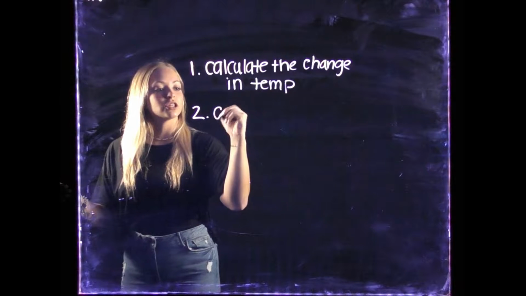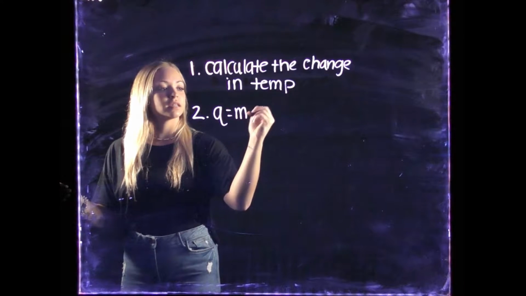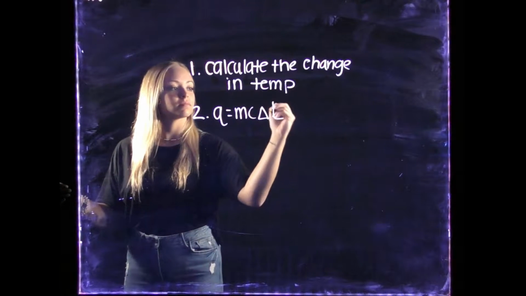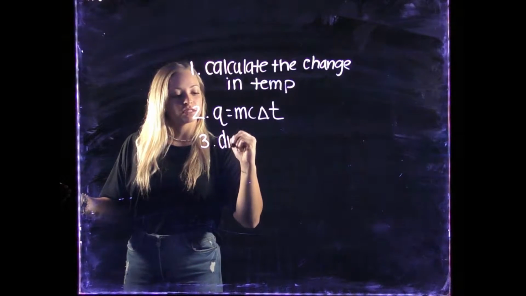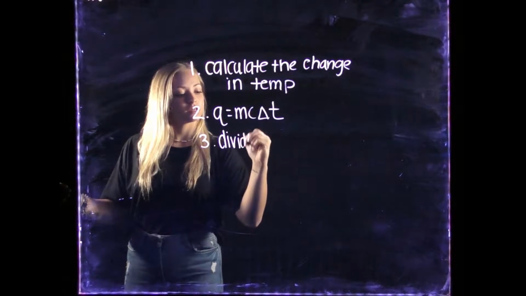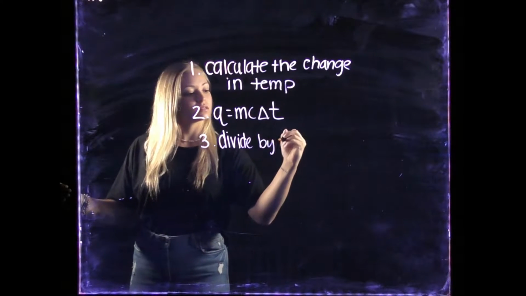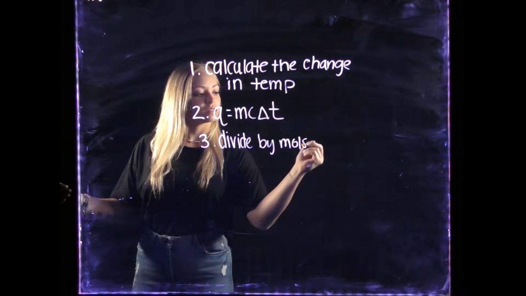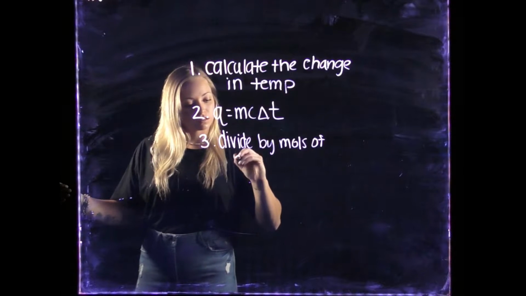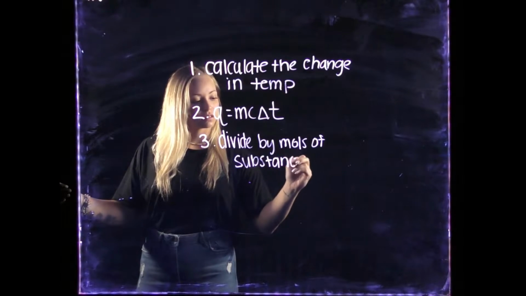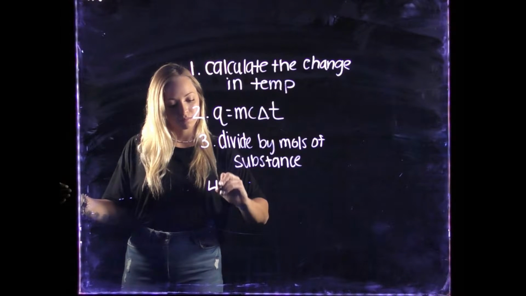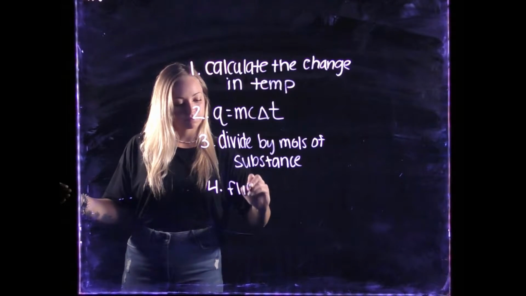Use equation Q equals mc delta T. 3. Divide by moles of the substance. And 4. Flip the sign.